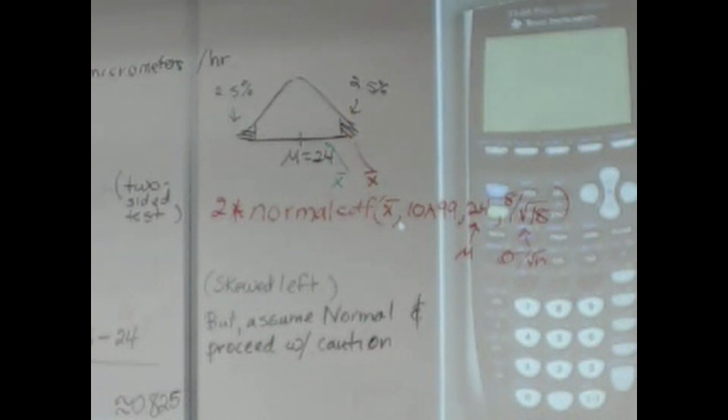So, in the Z star row, find the two closest values to 0.825. That's why I went to 3 places, because the Z stars are at 3 places.